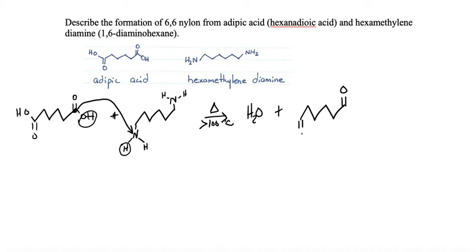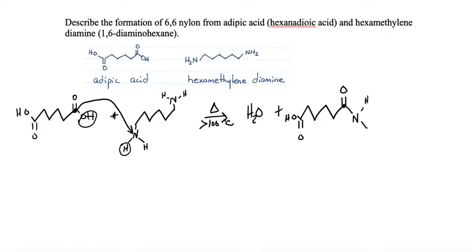So the remainder of my acid is going to look like this. That carbon that's right here now has a nitrogen bonded to it. So there's my nitrogen. On that nitrogen, there's 1 hydrogen left. 1 was made into water. The other one's remaining. And then we have a 6-carbon chain.